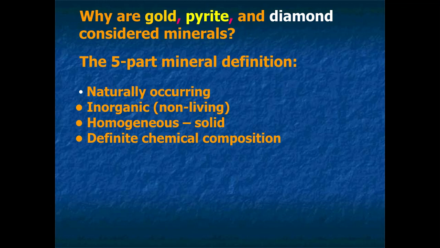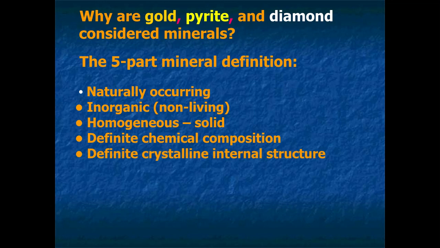And the last part to make a 5-part definition of the mineral would be that it has a definite crystalline internal structure. And this means that in order to be a mineral, it has to have some type of orderly pattern of atoms that arrange themselves in a definite what we call crystal lattice.